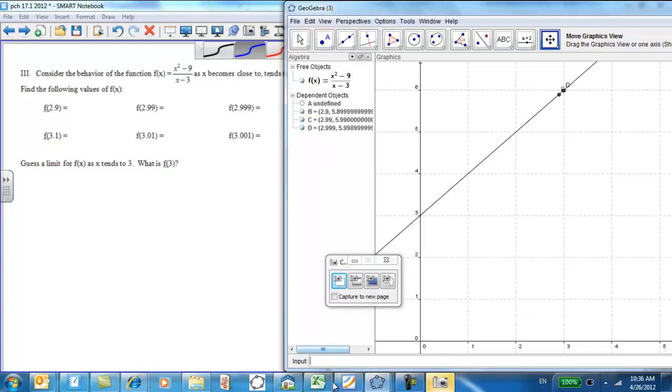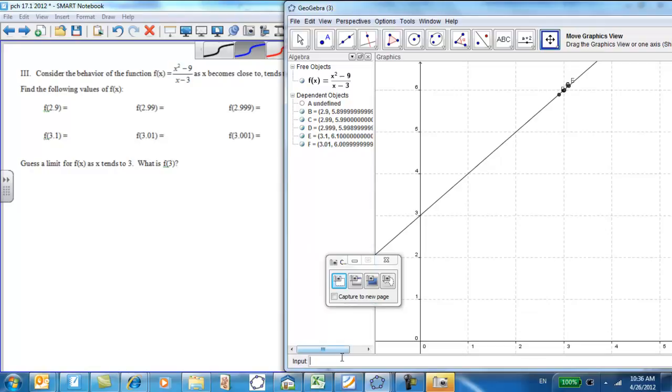Now let's come from the other direction. (3.1, f(3.1)). There's E on the other side now, the point we're trying to get closer to. Let's try (3.01, f(3.01)). Again, we're getting closer.